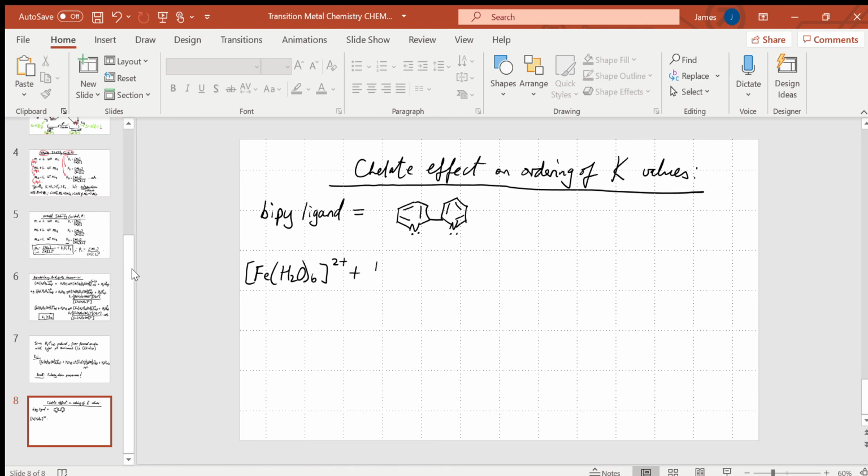If we add Bippy to that, we can have equilibrium constant K1 to give iron. There's only 4 water now because the Bippy occupied 2 spots.